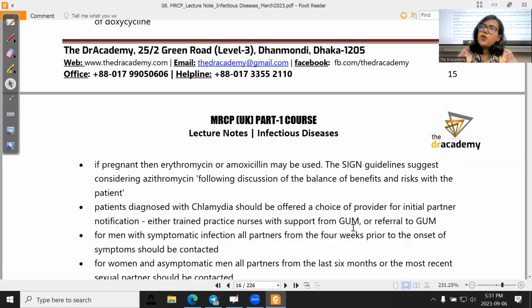At the same time, they will also give one single dose of azithromycin, and that person will be able to collect it. He or she doesn't even need to know whom that person got it from, okay? It will remain confidential, but they will send the testing kit and the medication using the postal code, okay? So you see, this is how the NHS system works. It's very sophisticated, to be honest.